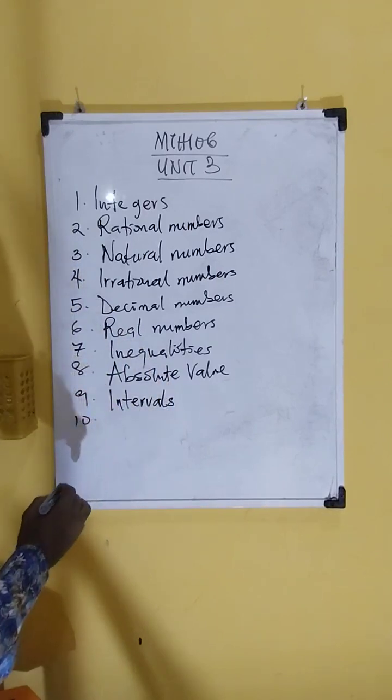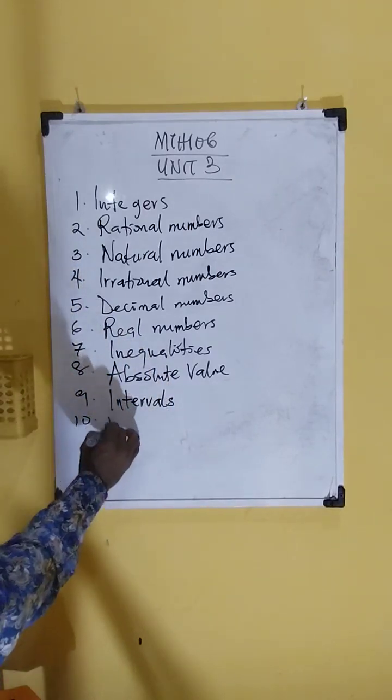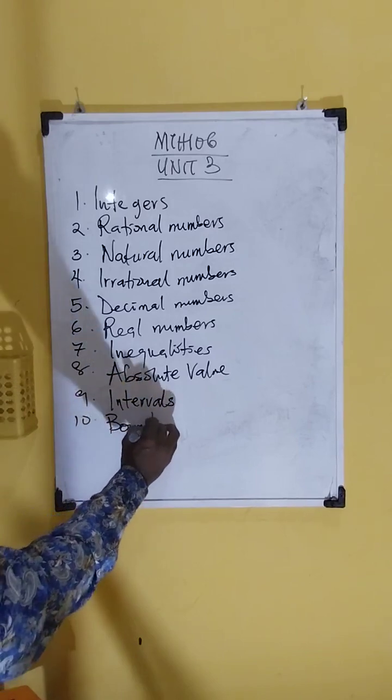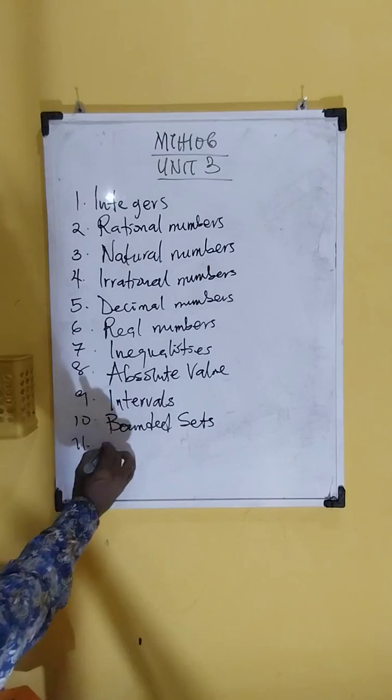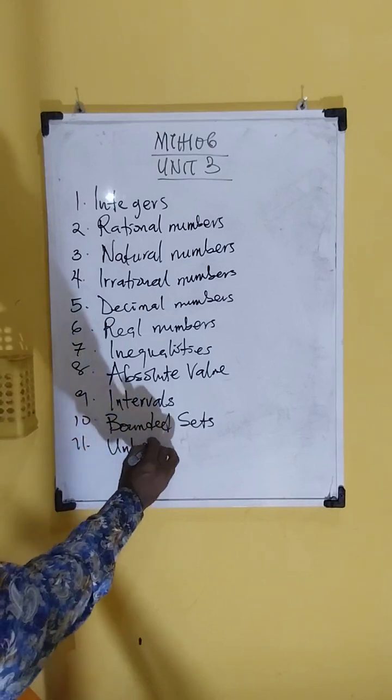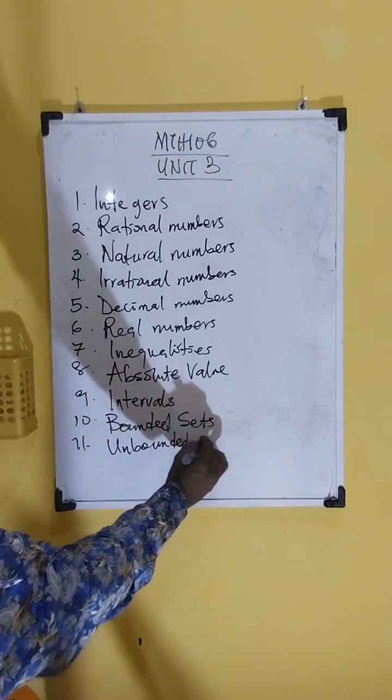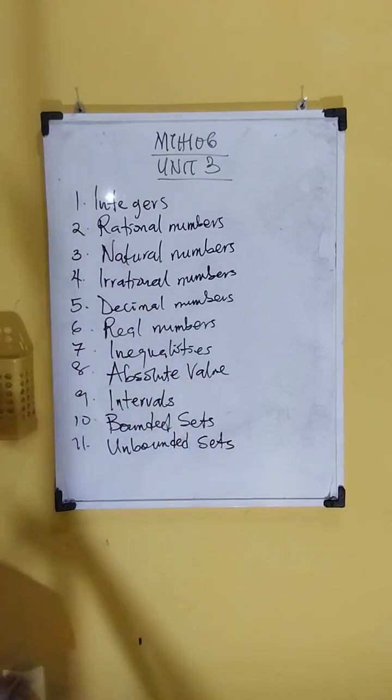Then we look at bounded sets. 11, unbounded sets. So those are actually what we intend to cover today.